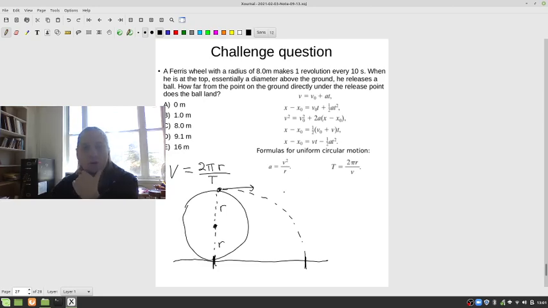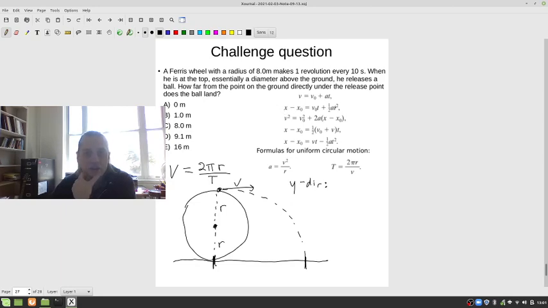Well, the way to do this problem is that you first have to find out how long it takes to hit the ground, and then you find out how far it would go, because the speed, this v, in the x direction does not change. The fact that it's being released right at the top tells you that all of the velocity is in the x direction, not in the y direction. So from the y direction, you can use your accelerated motion equation.